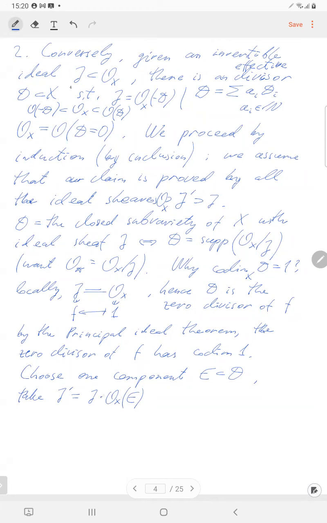I allow poles of order 1 along this component, that's our OX of E. When you multiply, these order 1 poles cancel out the zeros along E, so this is still inside OX, but on the other hand it contains our J, right?